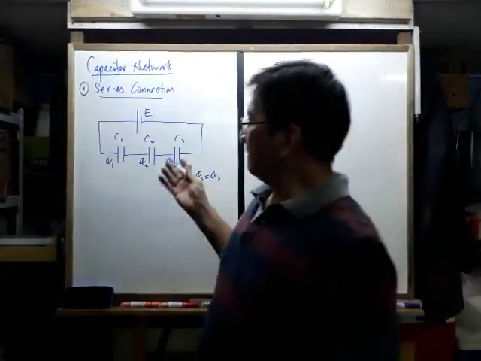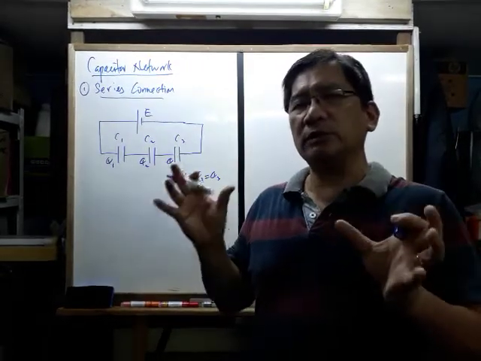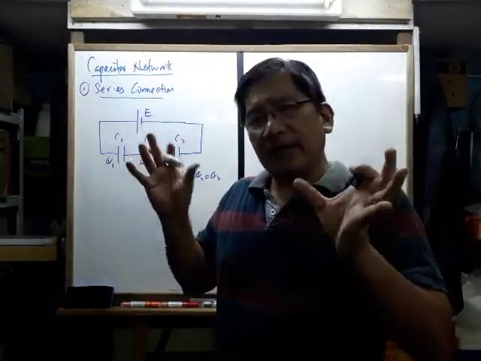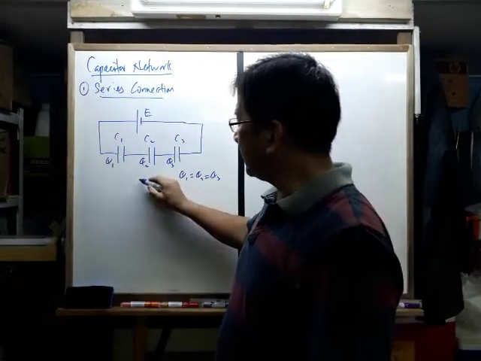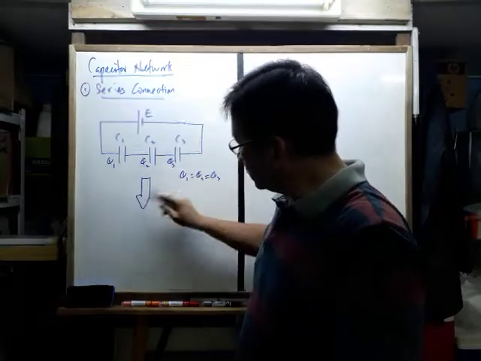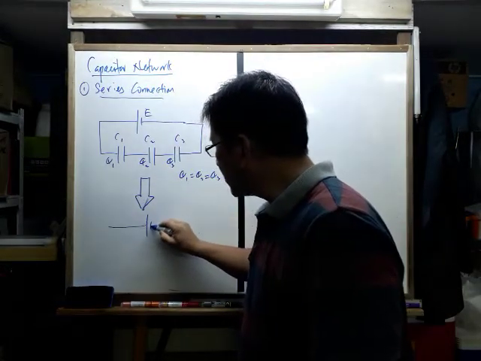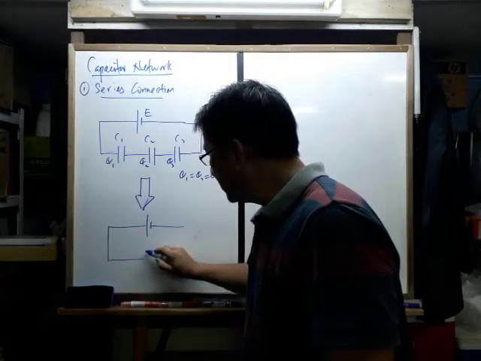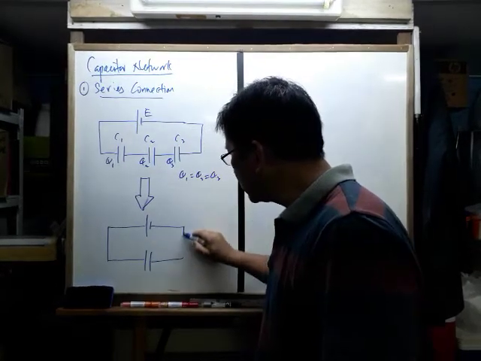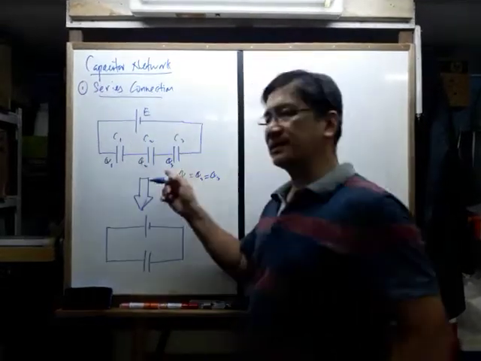So the purpose of series connection in a capacitor network is that we want to reduce the capacitor network as much as possible. The purpose is to change this into the one here. We have the same battery, and then we need a single capacitor to do the job of the 3 capacitors up here.